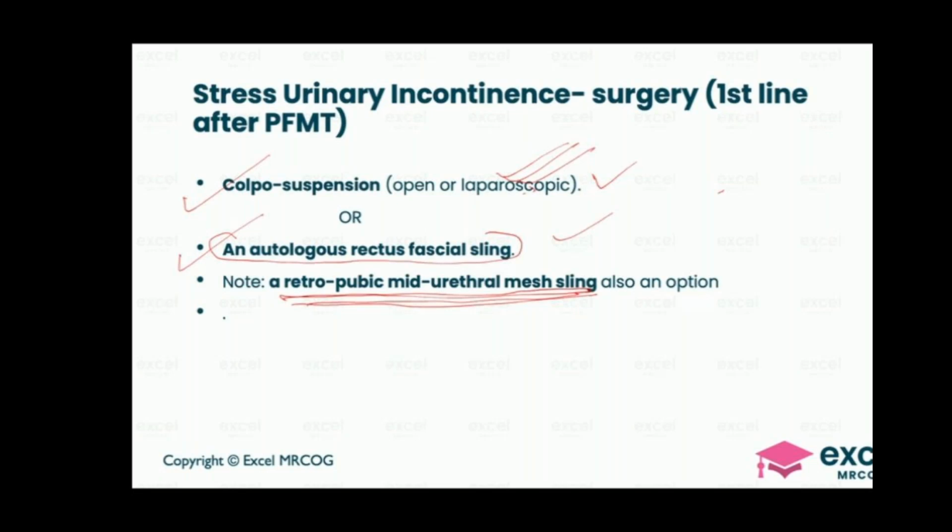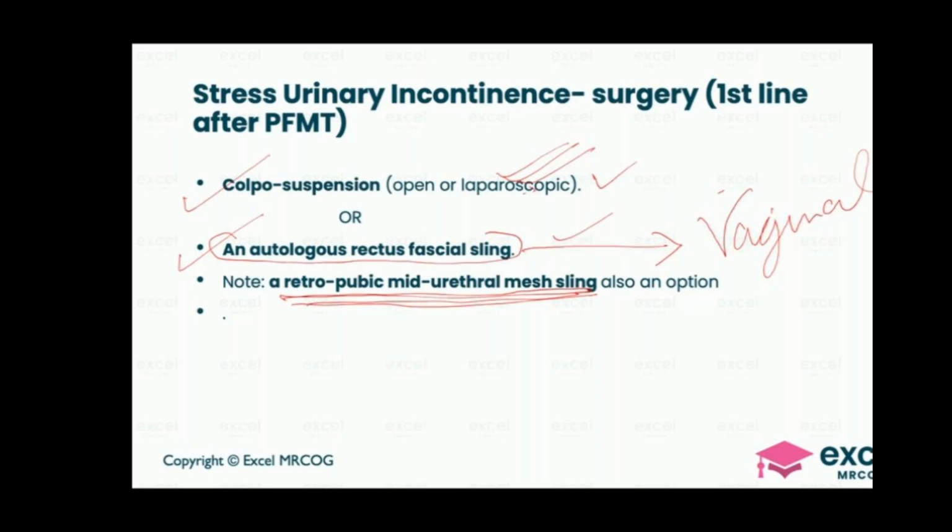But if the patient is having some vaginal issue, or say there is some anterior repair that you need to do because of a cystocele, and you are considering doing a surgery for SUI as well. Now, whether you always do a surgery for SUI along with anterior repair is a debatable issue.